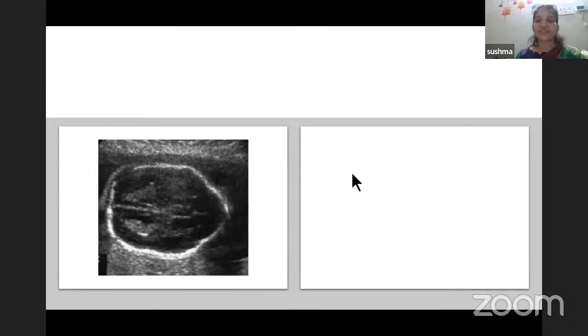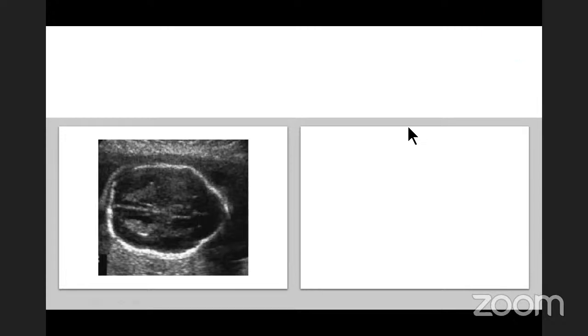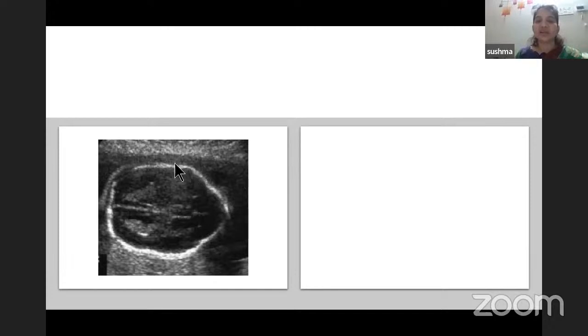Now this is a question for everyone. Please be interactive. I want you to tell me first, what plane is it? Is it axial plane or coronal or sagittal? Dr. Maunika, can you please tell me if you have any answers in the chat box? Yes, ma'am, we do have. Is it axial section or coronal or sagittal?